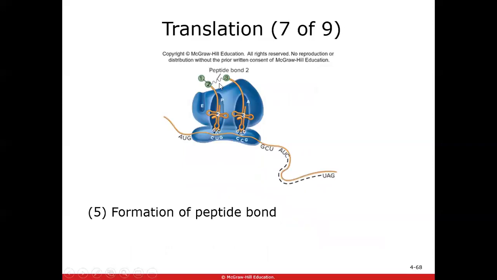Once it comes in and this anticodon and codon meet up, the amino acid associated with this transfer RNA will form a peptide bond, and the chain will start getting longer. This transfer RNA can now leave because these two are bound to this one.